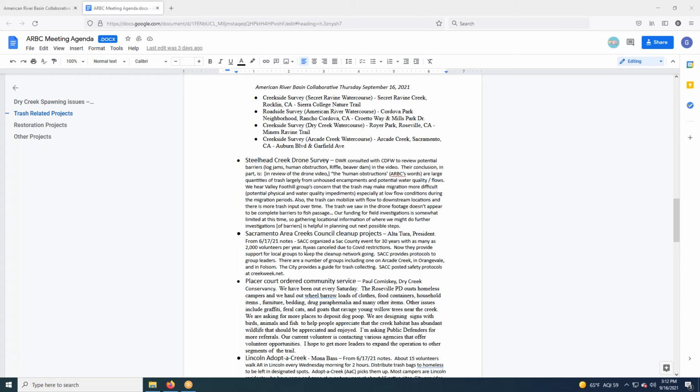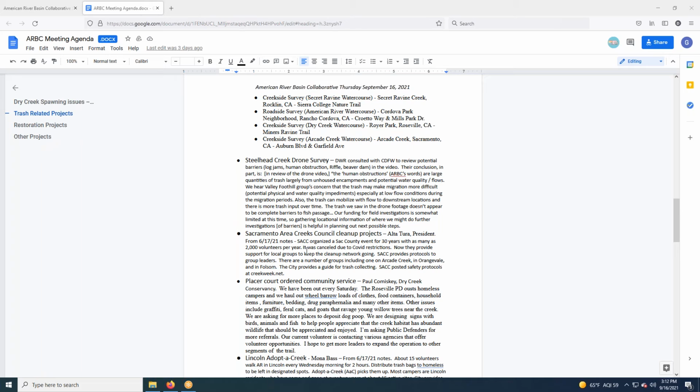Somebody will just say they want to do a cleanup the next day at a certain spot. They'd like some help if somebody can come, and they're posting pictures and comments and giving information on how to report things to the various jurisdictions.